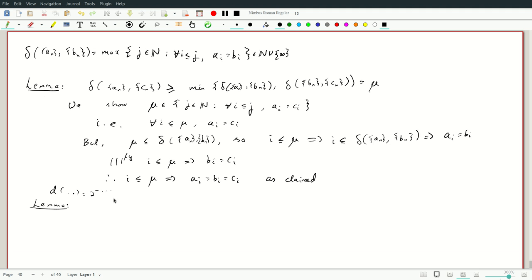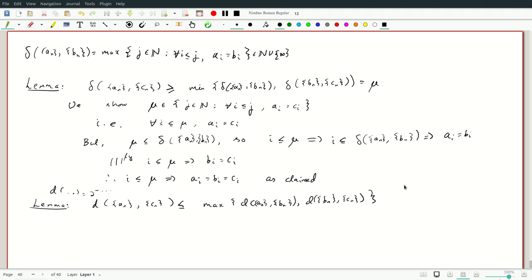So monotonicity gets reversed, and what we have is that the distance between A_n and C_n is less than or equal to the maximum of two distances: the distance between A_n and B_n and the distance between B_n and C_n.